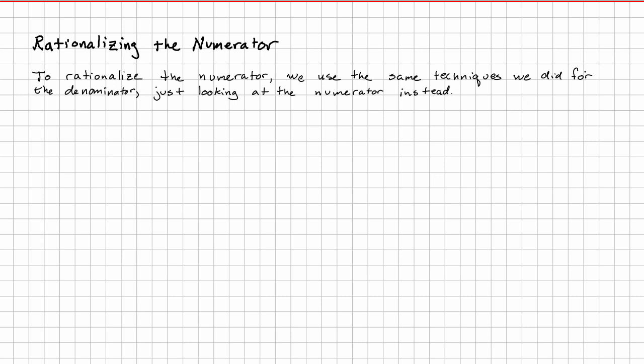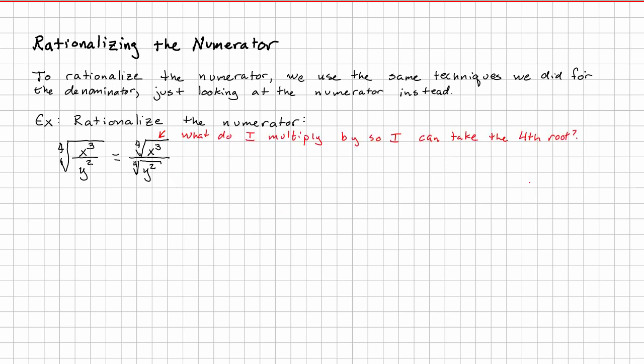So for example, suppose we want to rationalize the numerator in the expression 4th root x to the third over y squared. Just as if we wanted to rationalize the denominator, we'll start by splitting up the root, and then looking at the numerator now, we'll think, what do I have to multiply by so that I get a 4th root I can actually take?